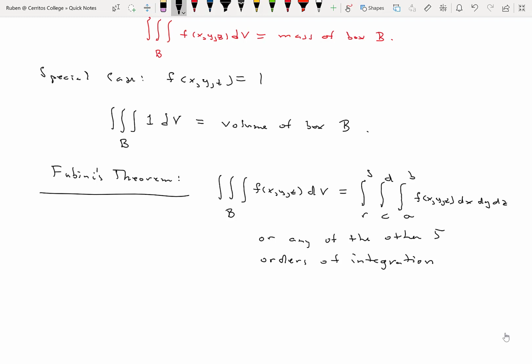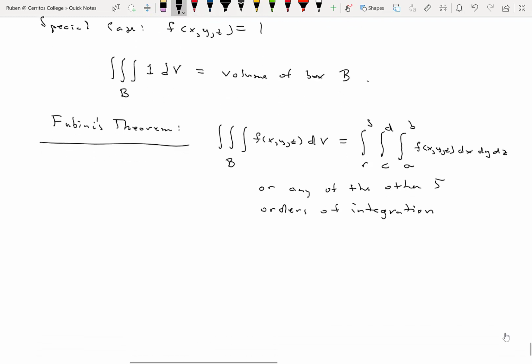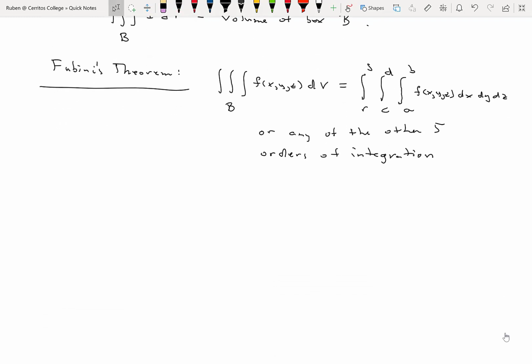We had to think a lot more about our limits of integration. A similar thing happens here. We're going to take a look at one example of evaluating a triple integral over a box, and then we'll dig into the meat of this section when we look at arbitrary, non-box shaped regions. So let's take a look at an example.